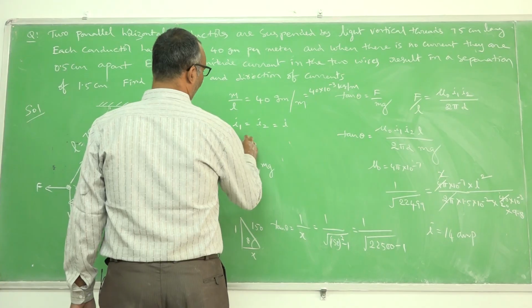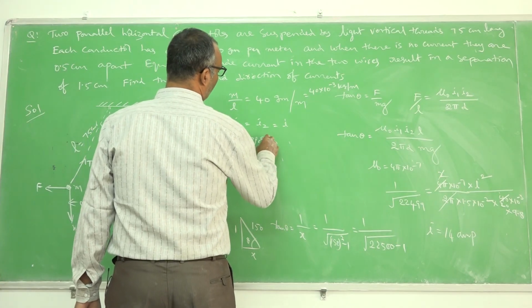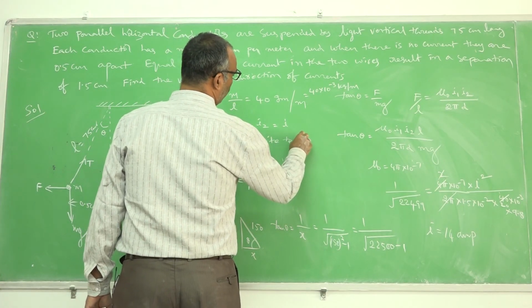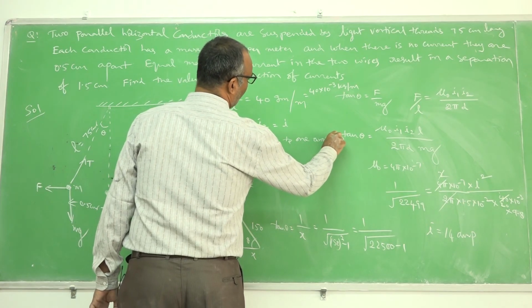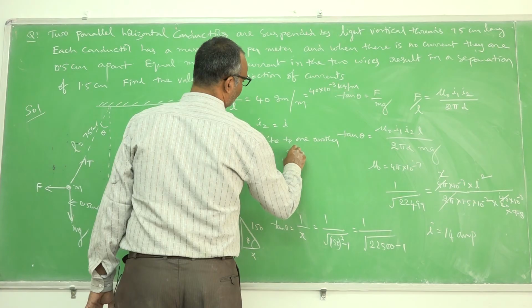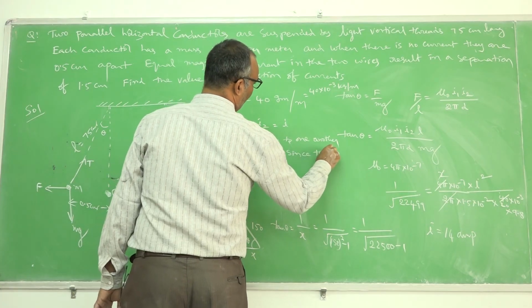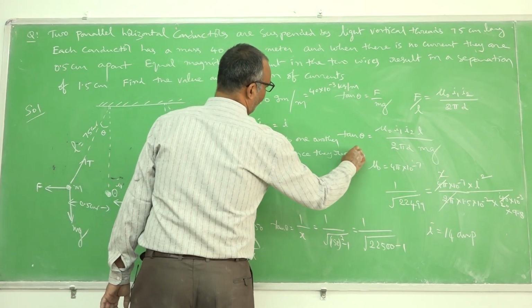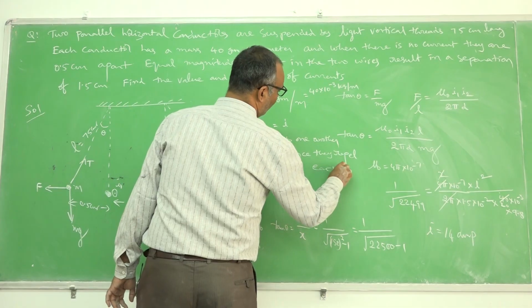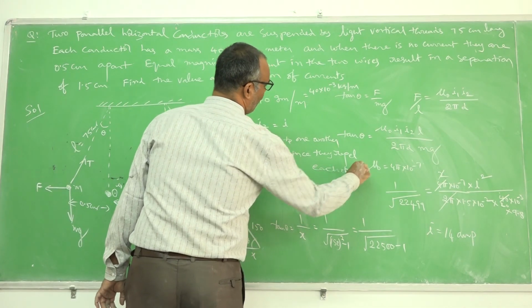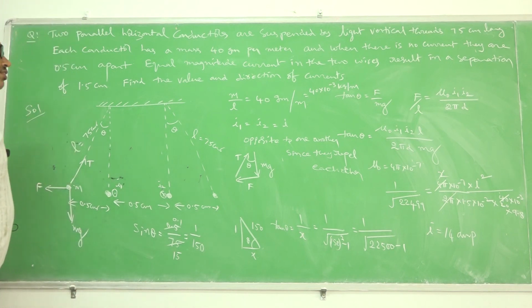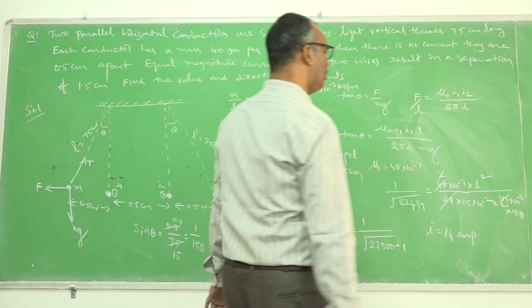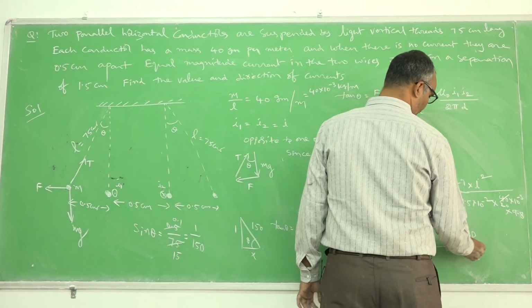Here I1 and I2 are opposite to one another, since they repel each other. So this is the solution for the problem. You just do the simplification, it is quite easy.